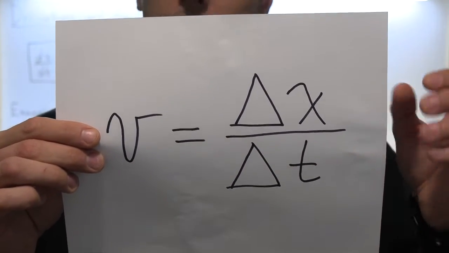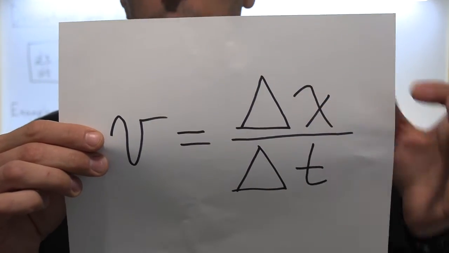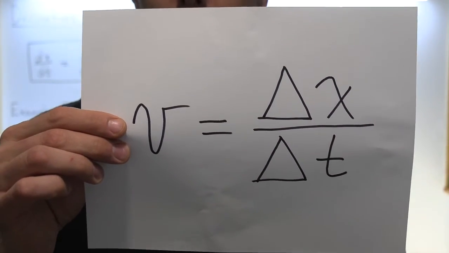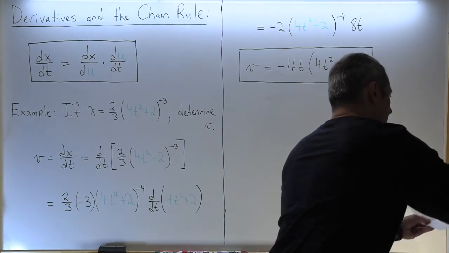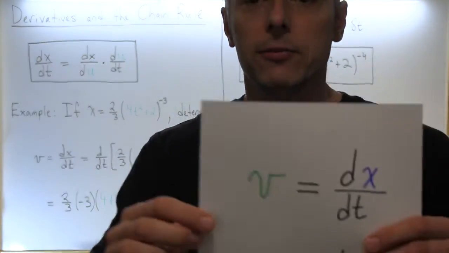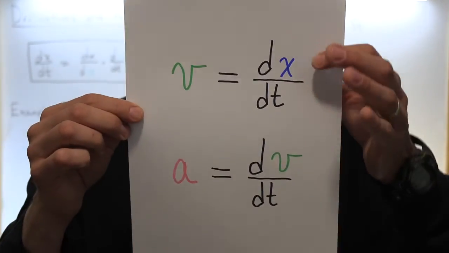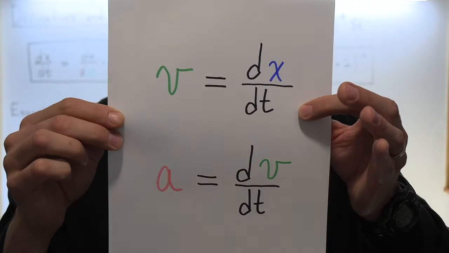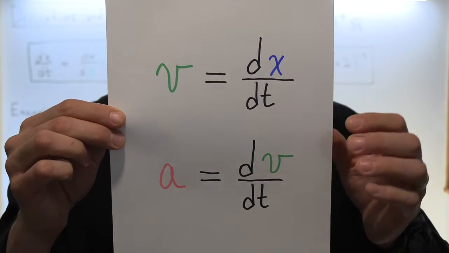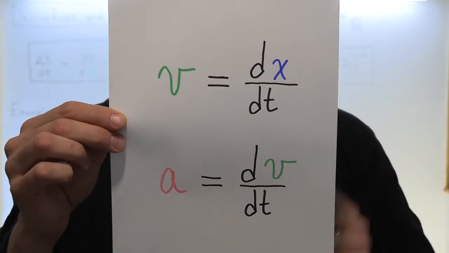So we need a new notation. We can't use the capital delta symbol from the Greek alphabet. So we say that a derivative is dx/dt, the change in x per tiny change in time. And so that's how rapidly the x-coordinate is changing.